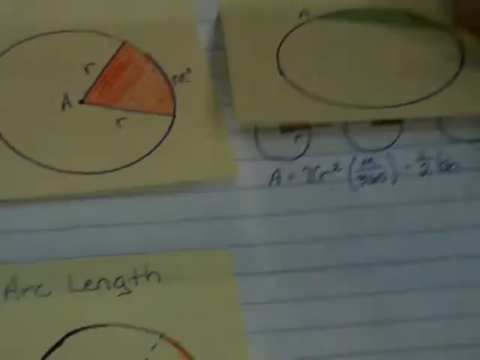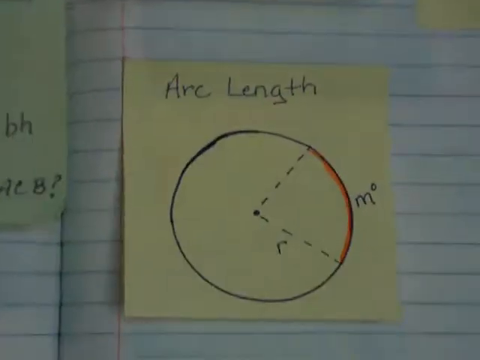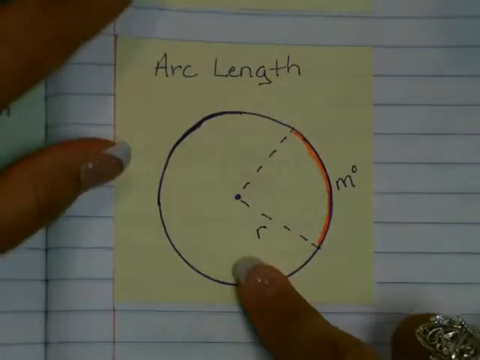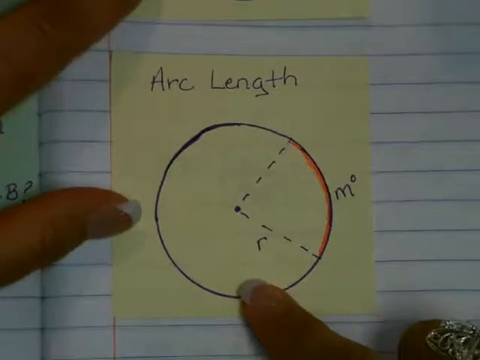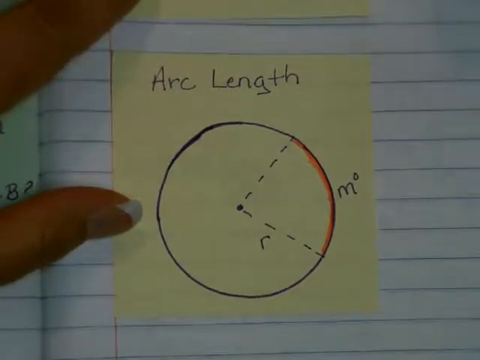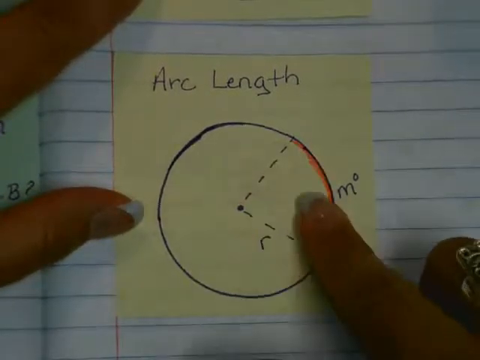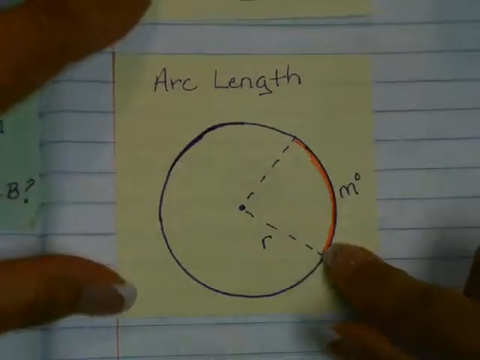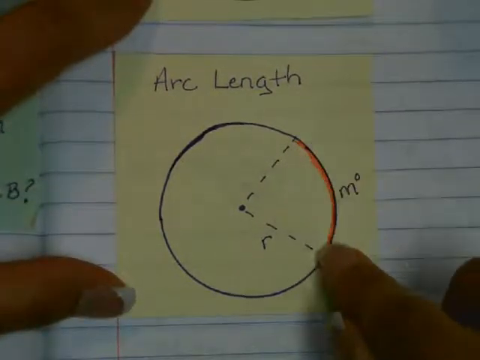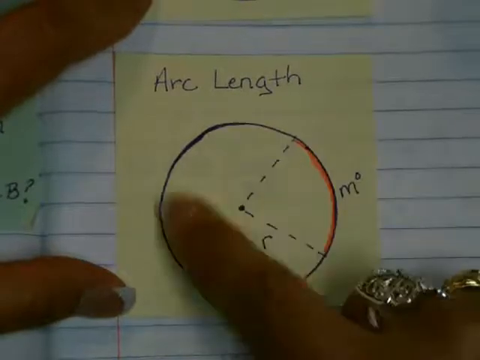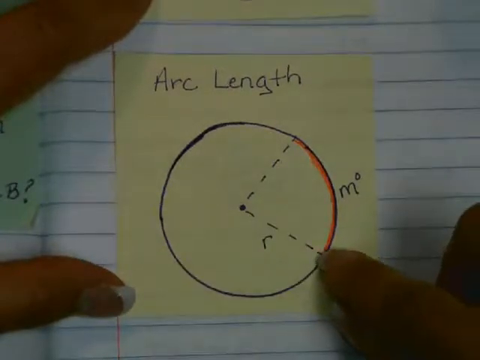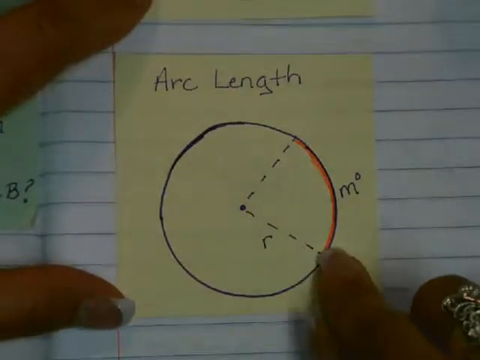And the last thing that you need to learn in this section is how to find the arc length of a circle. Now, we've been talking about the area of a sector and area of a segment, all having to do with the full area of a circle. Well, the arc length is just this outside piece. It could be anywhere on the circle. But it's using not the area, but the what? Right, the circumference.